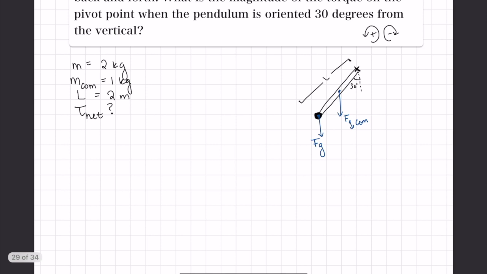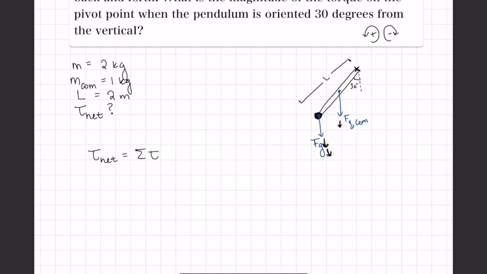So for our tau net, that's just going to be the sum of our torques. And so now we'll go through and look at whether the torque contribution from each of our forces is going to be positive or negative. So for both of these, F_G is pulling this rod down, and it'll start to pull it to the right as well.